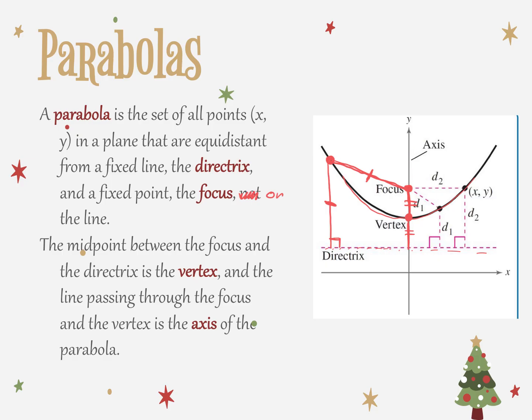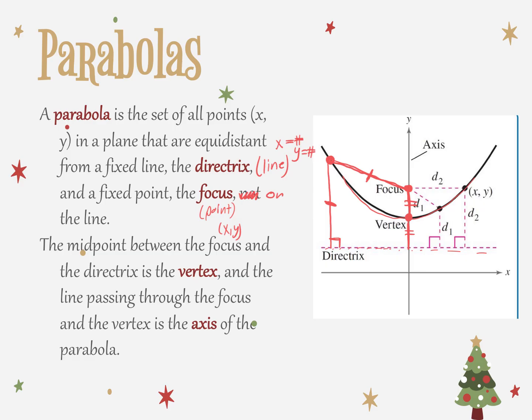Some important things to know: the directrix is always the equation of a line, so it's either x equals a number or y equals a number. The focus is going to be a point. So the directrix is always a line, and the focus is always a point, an xy point.